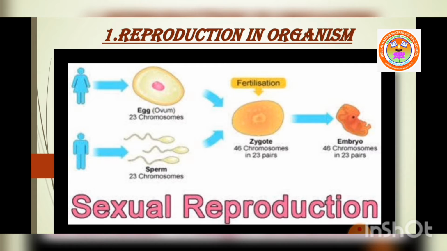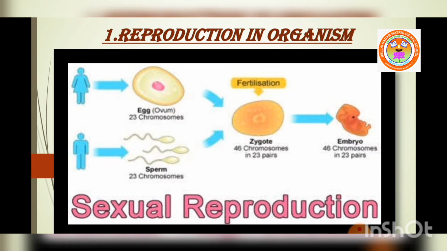So fusion of male gamete and female gamete, that is sperm with egg, results in the formation of zygote. This process is called fertilization.